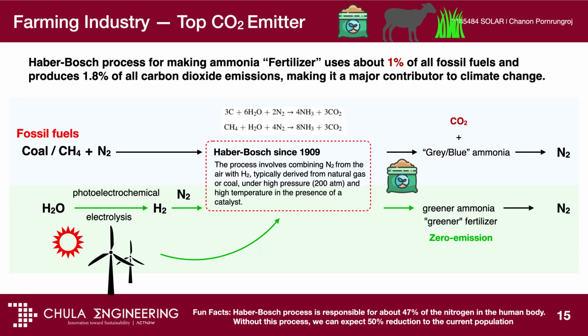But making this ammonia, basically, I actually forgot, but the ammonia itself, nitrogen plus hydrogen, doesn't produce carbon dioxide, but the whole process actually needs fossil fuels like methane to act as a reducing agent or something.